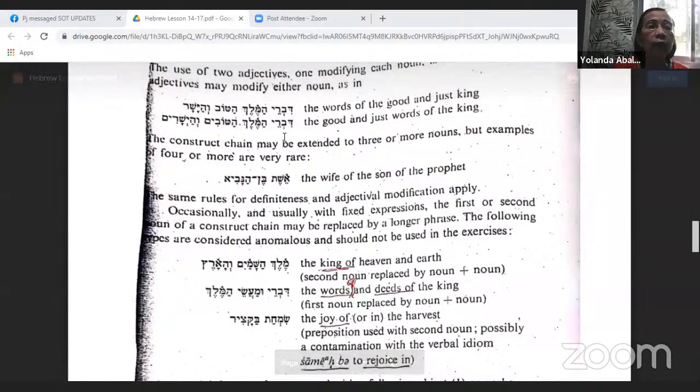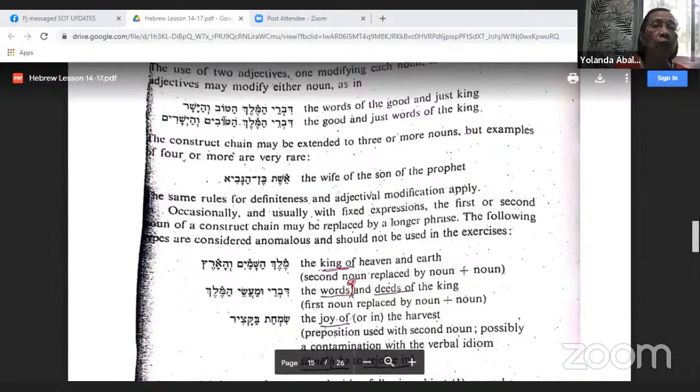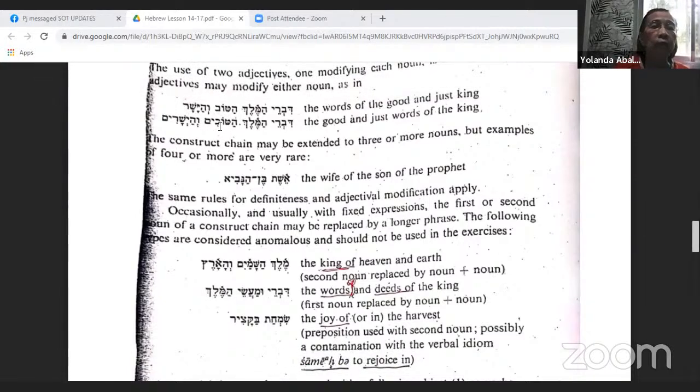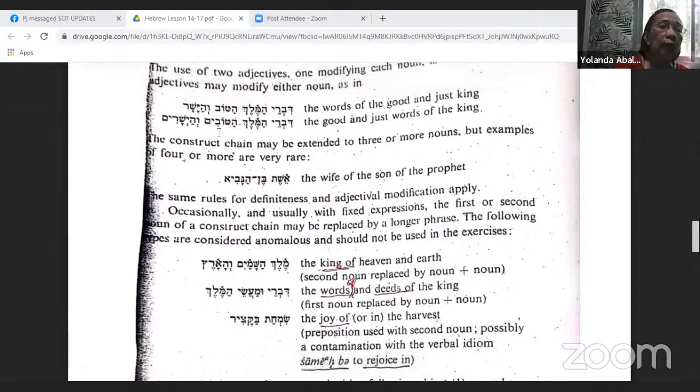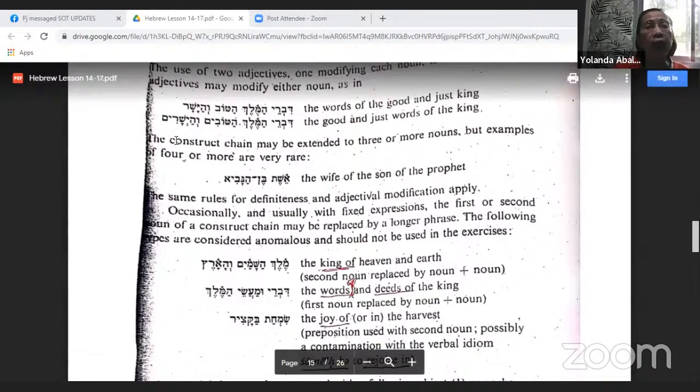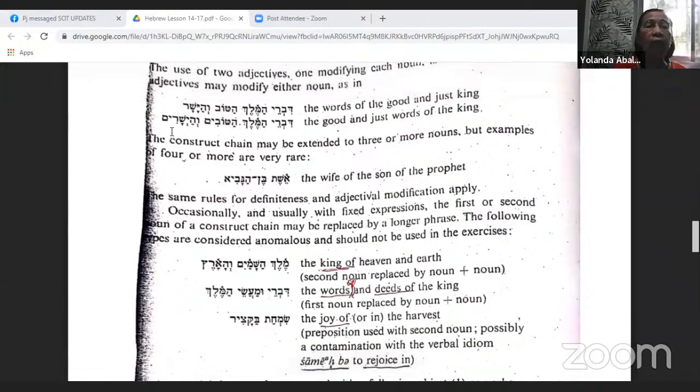Divre, the words, HaMelech, the king, HaTovim, this is the plural for the masculine, men, which could be the good men, the good husbands, HaYesharim, and also the just kings.